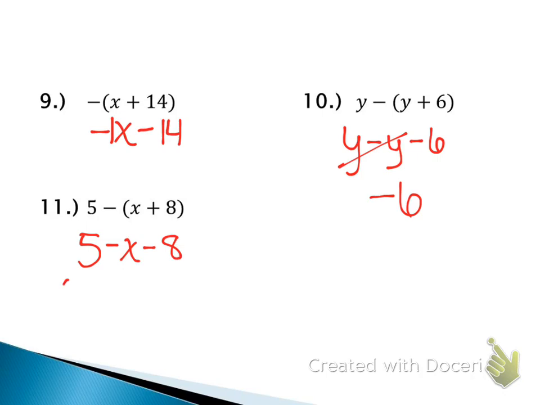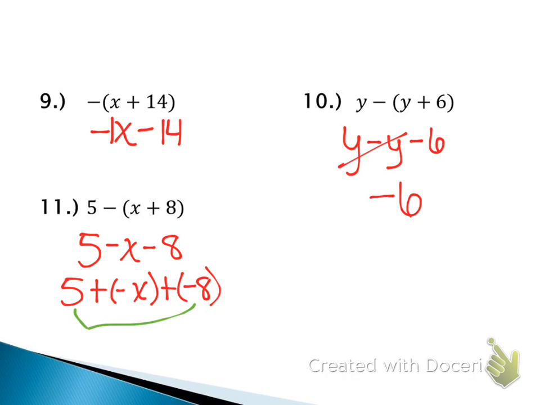To make it a little easier, I'm going to rewrite it as an addition problem. Remember, any subtraction problem can be rewritten as addition. And in addition, I can switch up the order that I do things in, like we did yesterday. I can't combine the 5 with the x or the x with the 8. I can't do any of that. But I could combine the 5 and the negative 8 in the back. So we're going to combine the negative 8 with the 5.